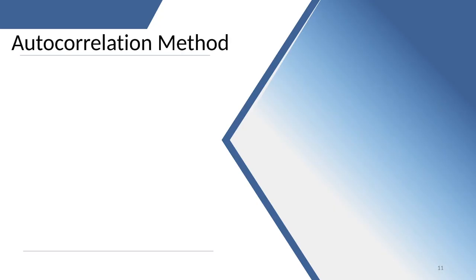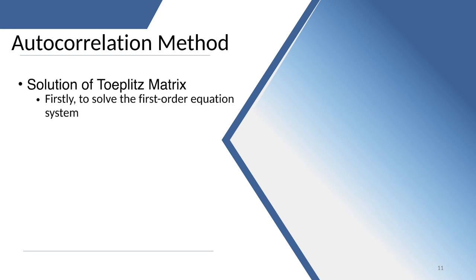As to the Toeplitz matrix, the solution of the I-order equation system can be represented by the solution of the I-1 order equation system. The solution of the I-1 order equation system can be represented by the solution of the I-2 order equation system, and so on.